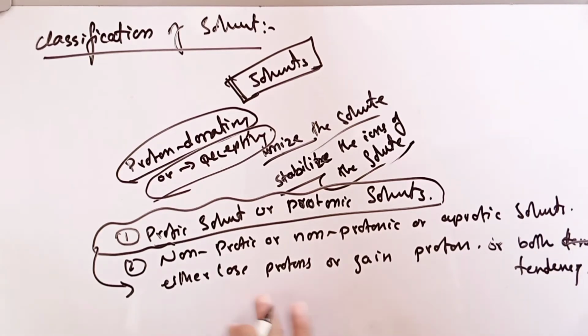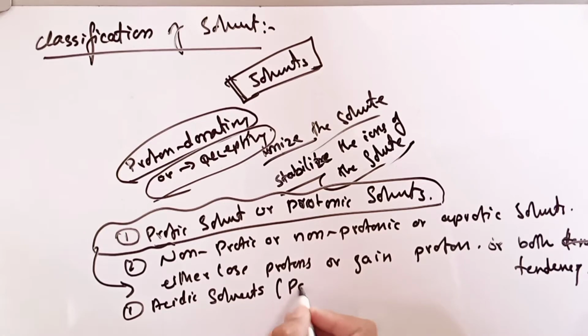So on the basis of loss of proton, gain of proton or having both tendencies, protic solvents can be classified into three further types. Number one is acidic protic solvents, or protogenic solvents.